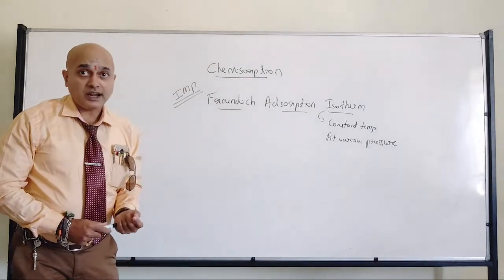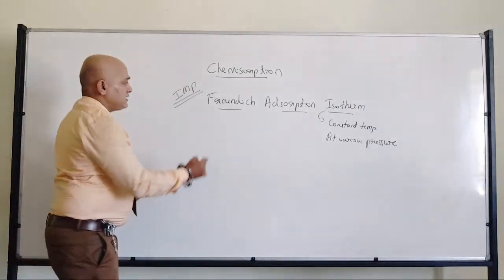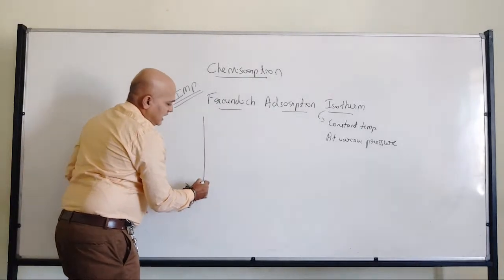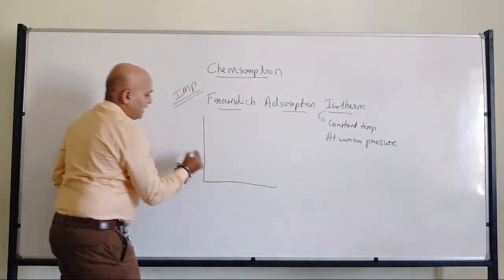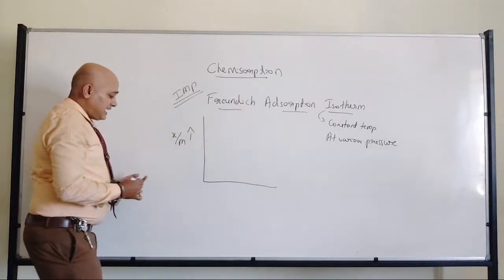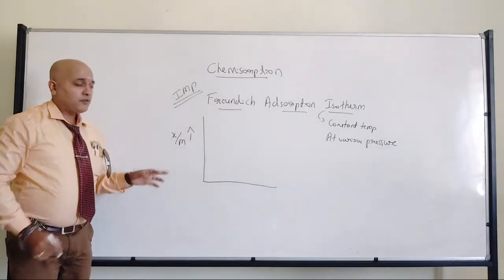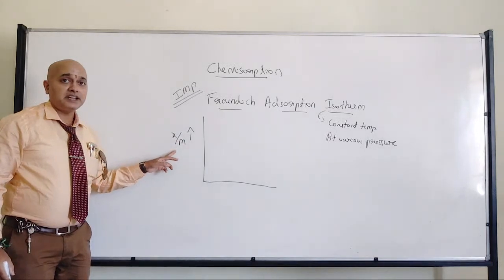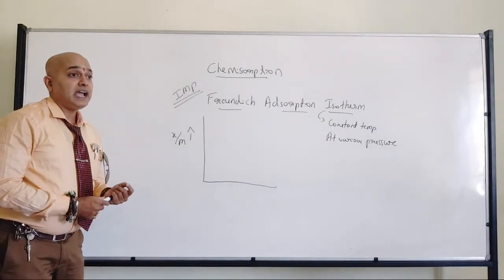I will plot a graph, then you will understand. For example, I have a graph where x by m is on the y-axis. The y-axis value will be decided by x by m.